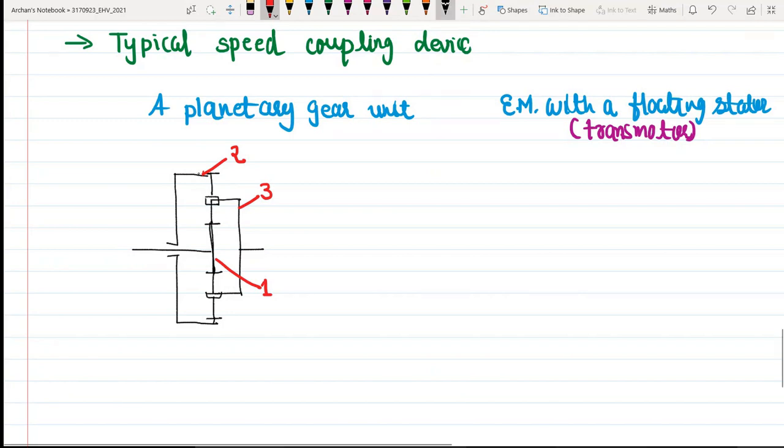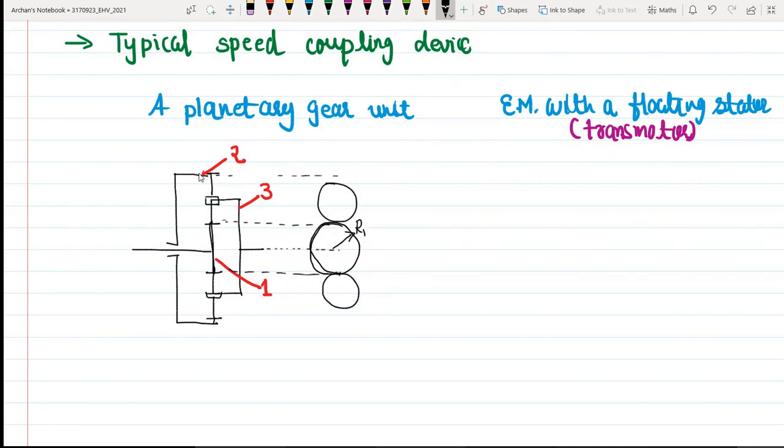If I try to draw the side view of this, then we may find, this is the first unit. We may have our first circle or gear having a radius of say r1. Then we have this second coupling over here, like this.